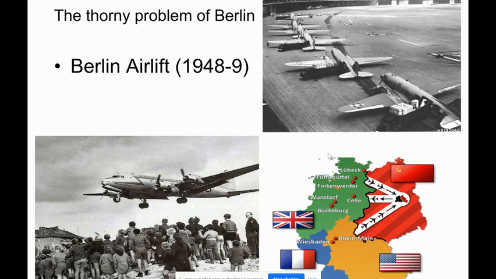We see these nonstop shipments from the United States sector, the French sector, and the British sector, bringing these things in. And finally, Stalin just kind of gave up and reopened the access corridor. So this is kind of seen as a diplomatic victory for the United States. It kind of makes us look good internationally, because we were trying to do a good thing, and we did it without starting a war.